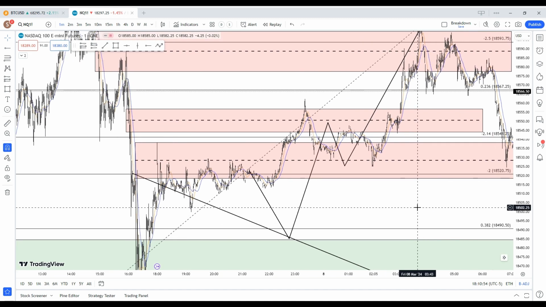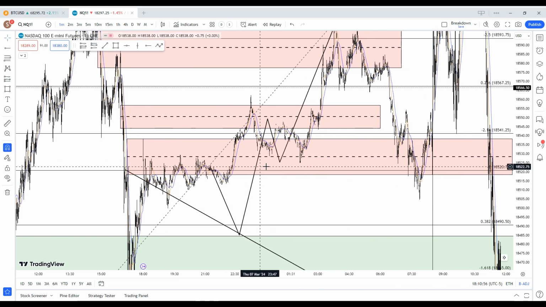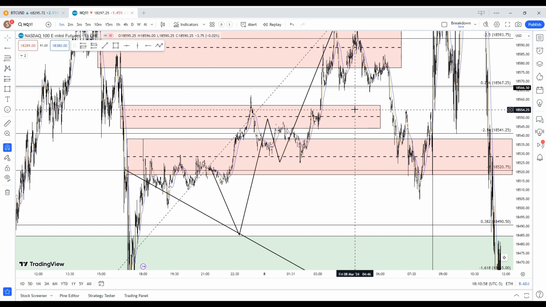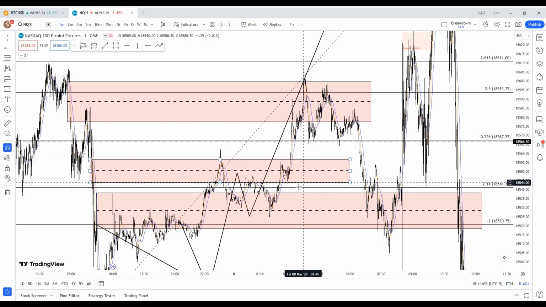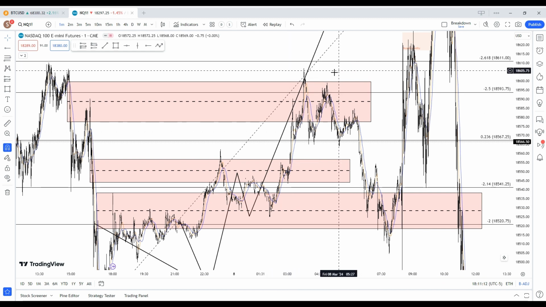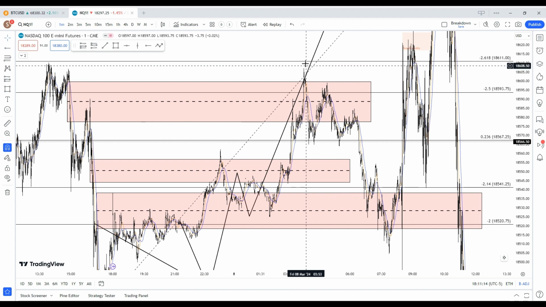However, I said if we inversed this 5-minute fair value gap, I was long biased, right? Pushed up right above it, came back, hung around in this area, retested the CE, and pushed over 60 points. I mean, that is a phenomenal trade right there.